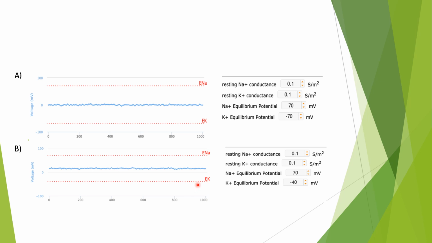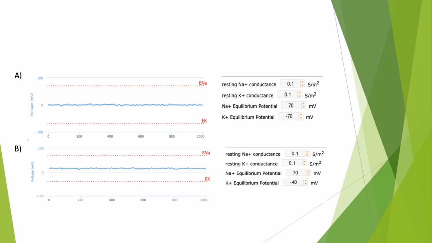Now, why is that? Well, if we go back to the concept that it's almost like a tug of war. The EK that we've changed, we've made the tug smaller than it was before, and we've kept this the same. So because this equilibrium potential is higher, it has a greater effect on the resting membrane potential, therefore pulling it closer to it.